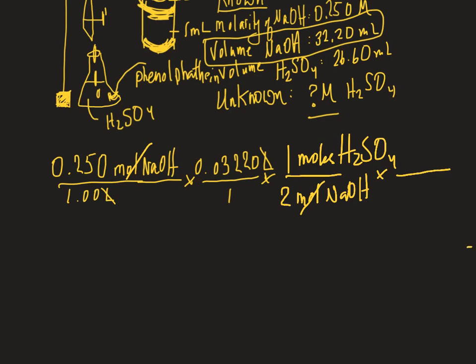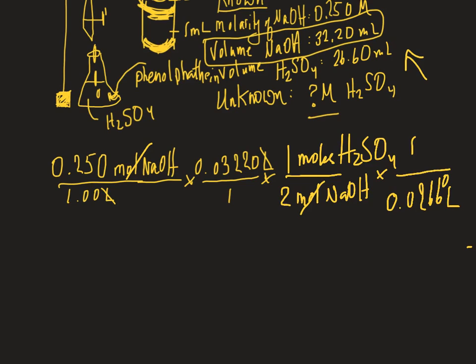Multiplying by 1 over is the same as dividing. How much acid did I add to that flask? According to my data, the amount of acid was 26.20 mils. So I'm going to convert that to liters, dividing by 1,000, 0.02620. So now, moles of acid divided by liters of acid. All of my other units have canceled. Moles per liter is molarity, and that's the key to understanding this.